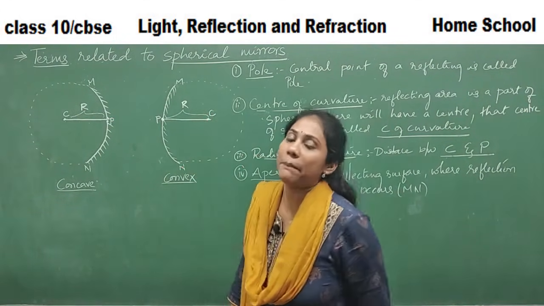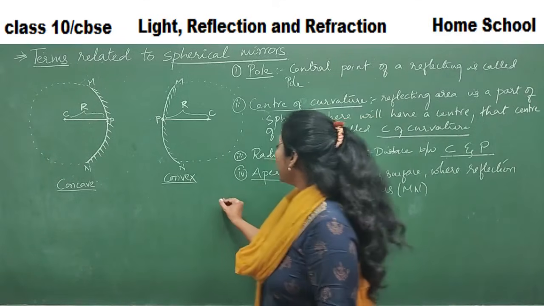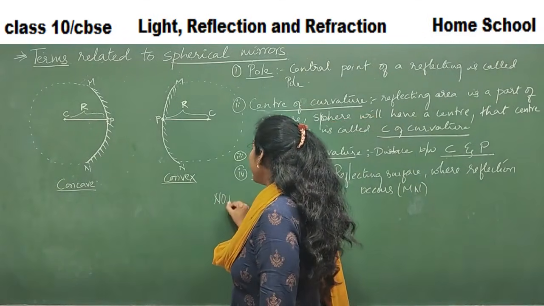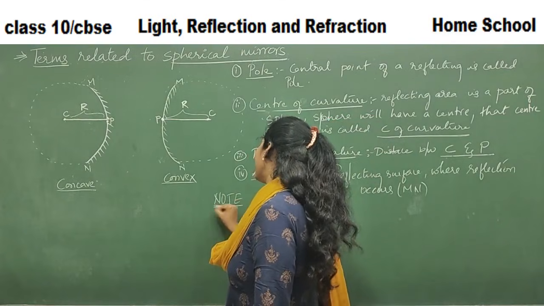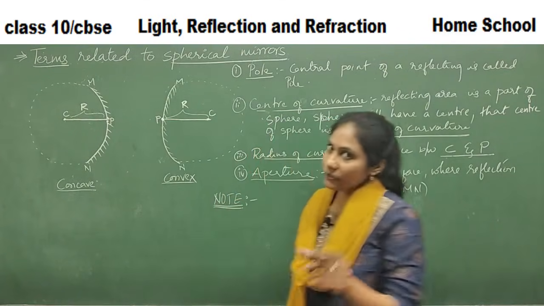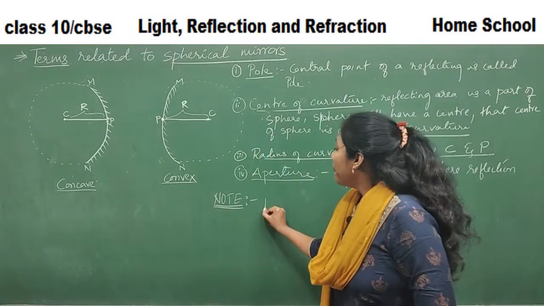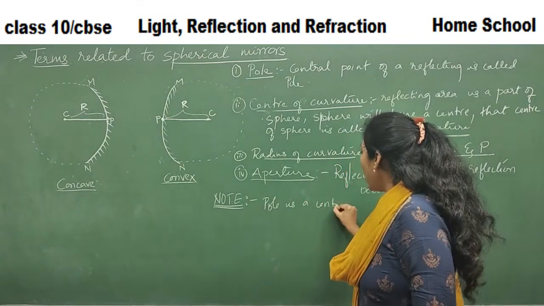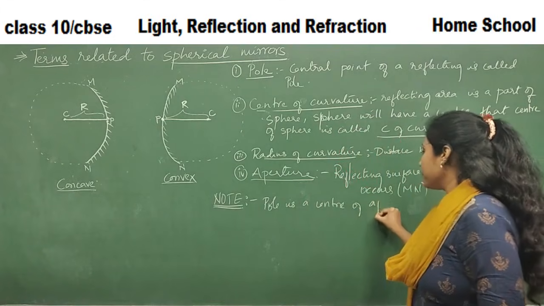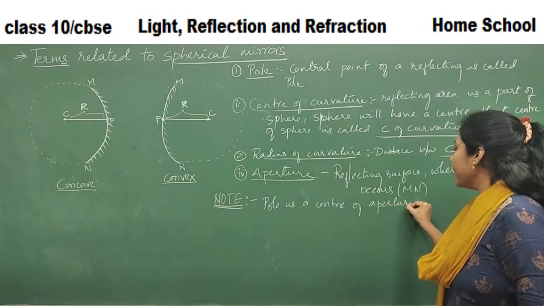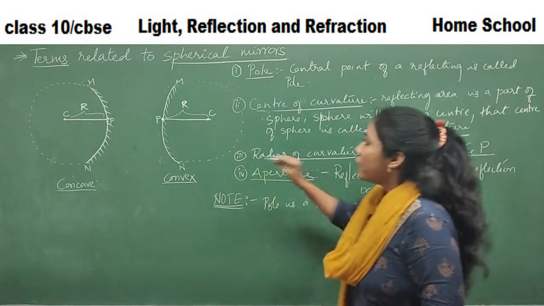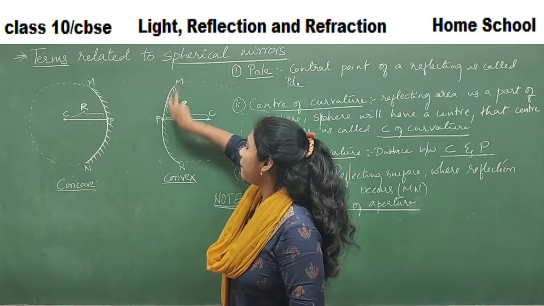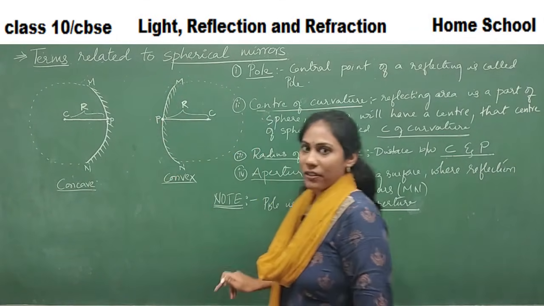Now a few points which are very important to remember, listen carefully. Pole is the center of aperture, yes or no? Aperture is the reflecting surface, so pole is the central point of an aperture.